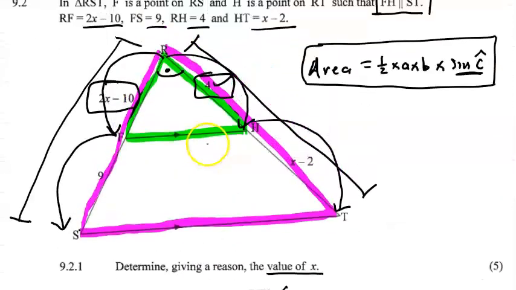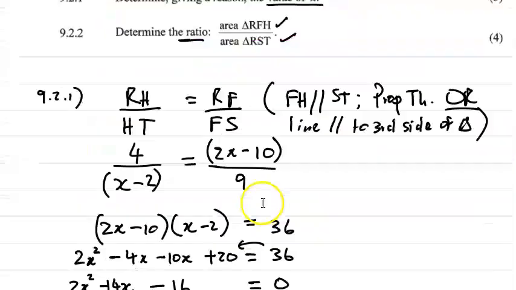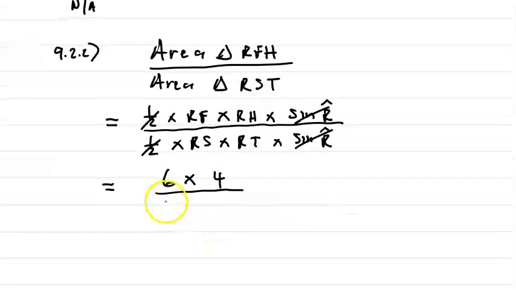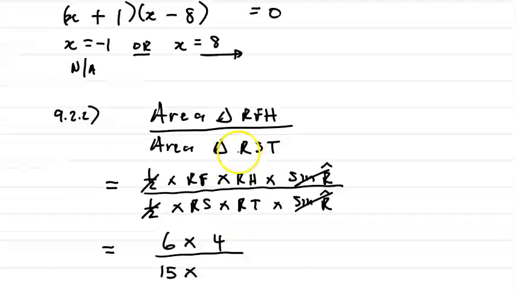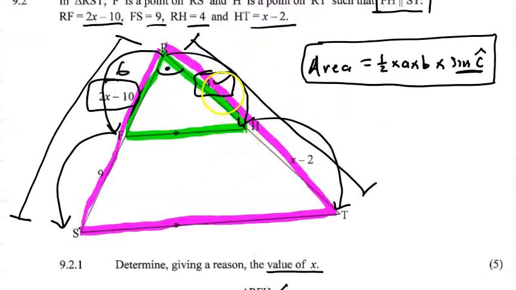RS, we've already worked that out to be 6 plus 9, and that's going to equal 15. So the length of that whole side is 15, times RT. So this is 4 and this will be 8 minus 2, so that's going to be 6. So therefore 4 plus 6 will give us 10.